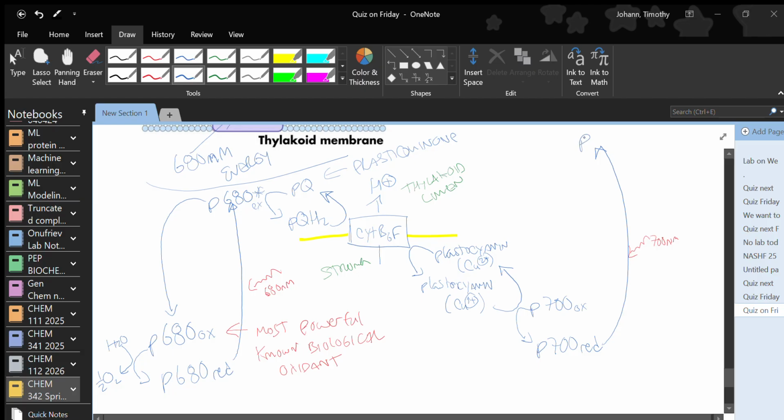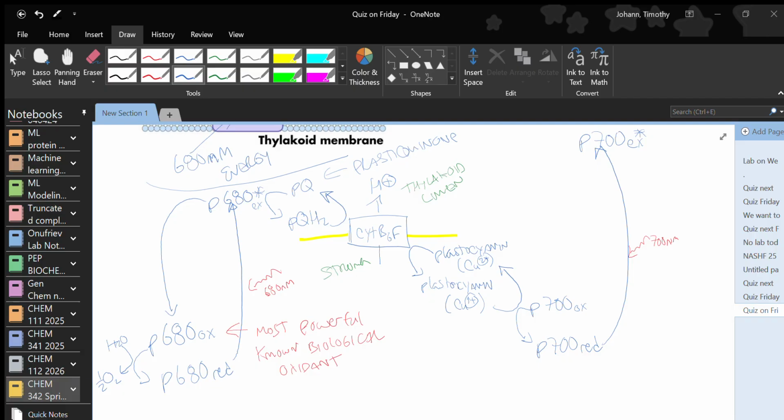To give us P700 excited. And once again, now we're talking about excited, right? So we pump these electrons up in energy, we let them come back down, then we pump them up again with light from the sun. That's where the energy is coming from to drive this process.